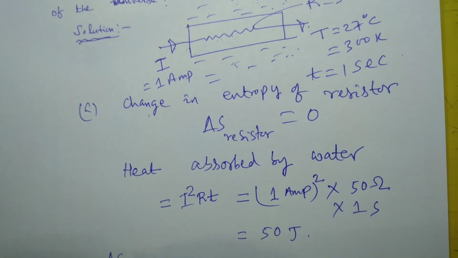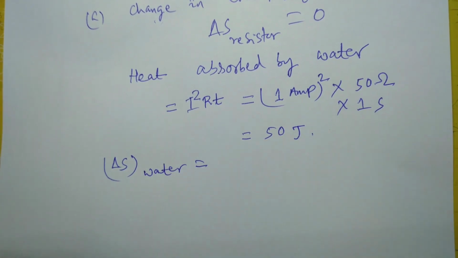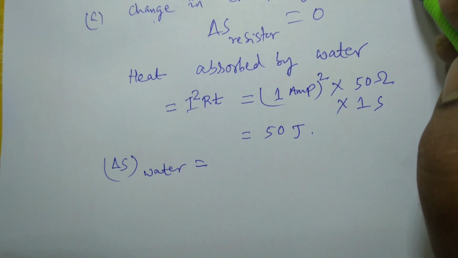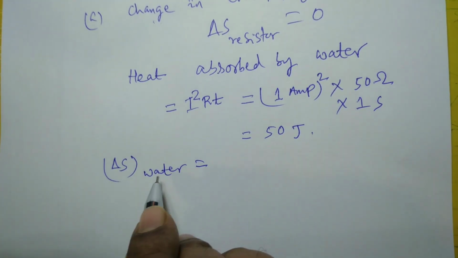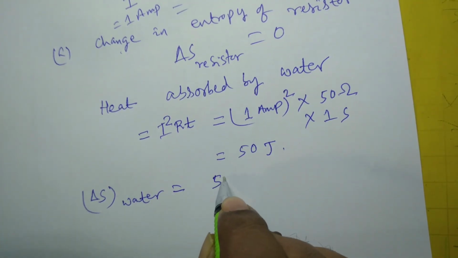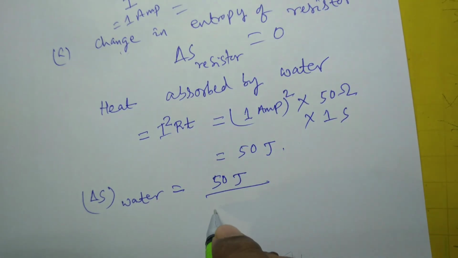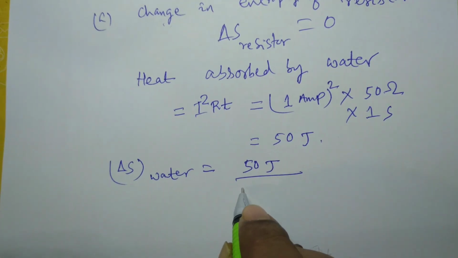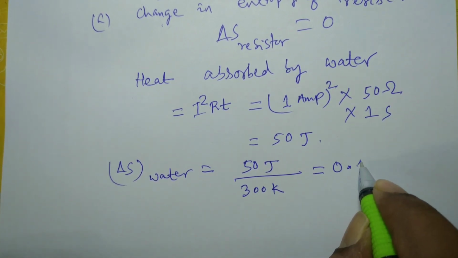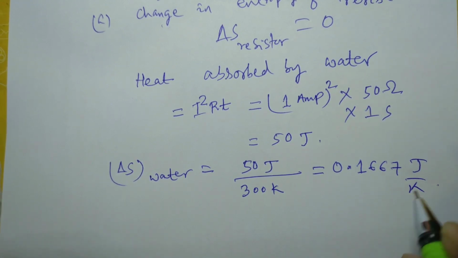So delta S of water will be, you see the temperature of water remains constant at 27 degrees Celsius. So the change in entropy of water will be whatever heat comes to it, that is 50 joule, divided by the temperature of water, 27 degrees Celsius, which in Kelvin is 300 Kelvin. So this will be 0.1667 joule per Kelvin.